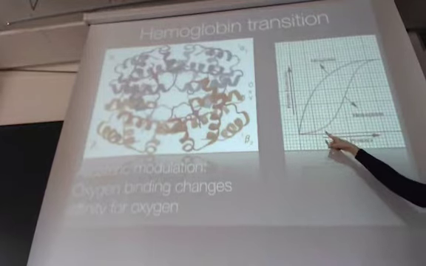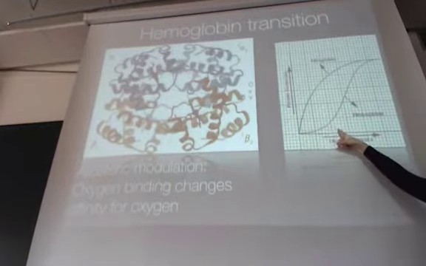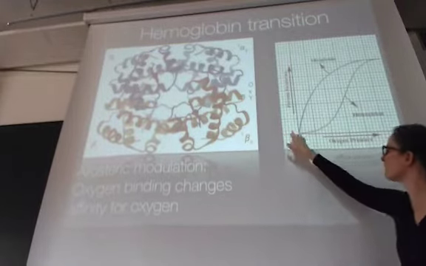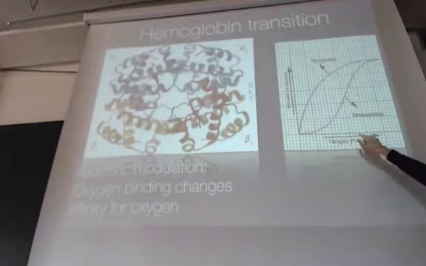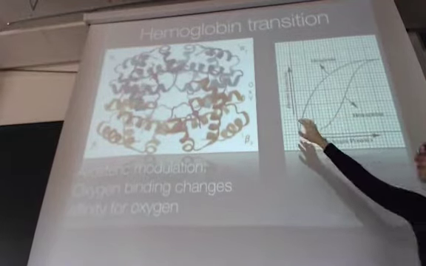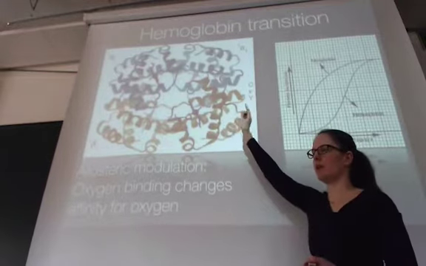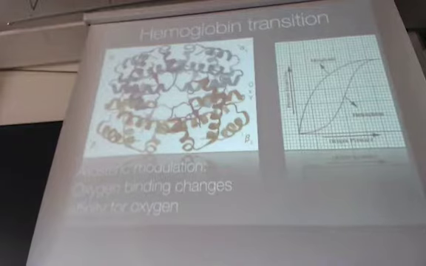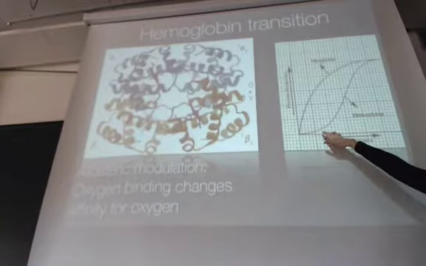You can see that hemoglobin is not a very good binder for a long time. So one lobe doesn't have a very high affinity for oxygen. But then when you bind one, it triggers a conformational change in the other that will already be in a state that is more favorable to bind oxygen. And then you get this kind of curve.